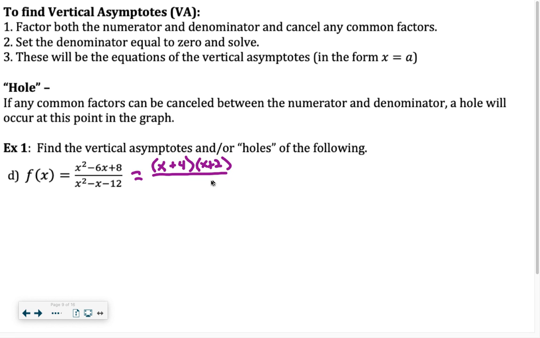And my denominator here, two numbers that multiply to -12 that add to -1, I think we could make that x minus 4 and x plus 3. All right, so in this example, none of my factors cancel. So set my two factors in the denominator equal to 0.